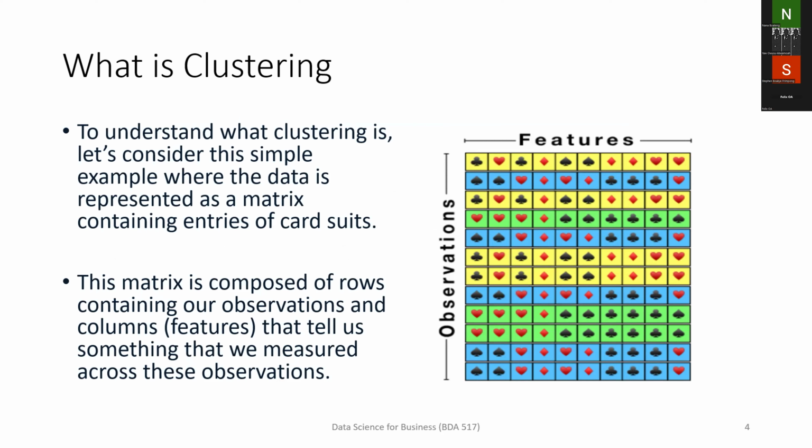So let's see this simple example where we have the observations and the features. When I talk about the features, you know what I'm talking about. Each row describes an observation, and the features, or the columns, are like the fields. If you have a database, these are the fields or the characteristics of that particular observation. If you have something like this, at a glance it doesn't tell you much.